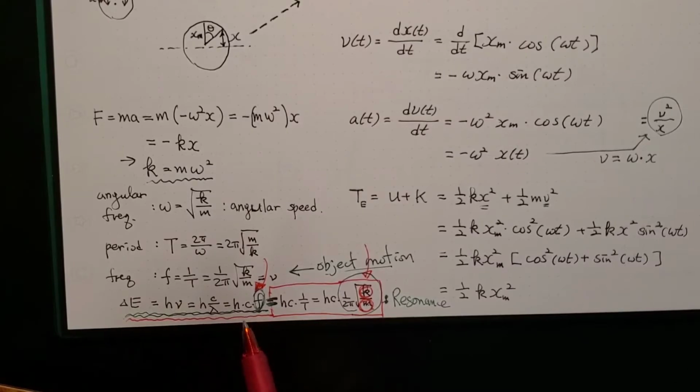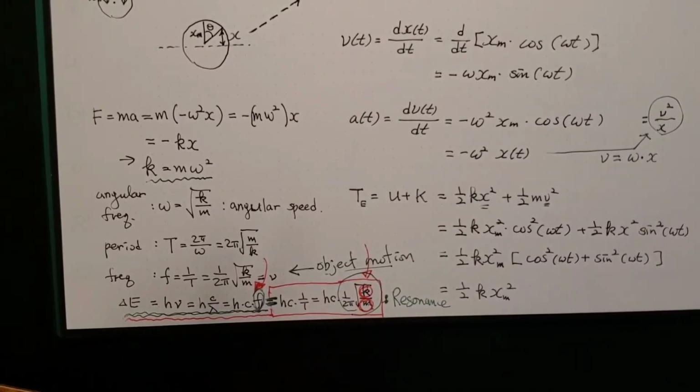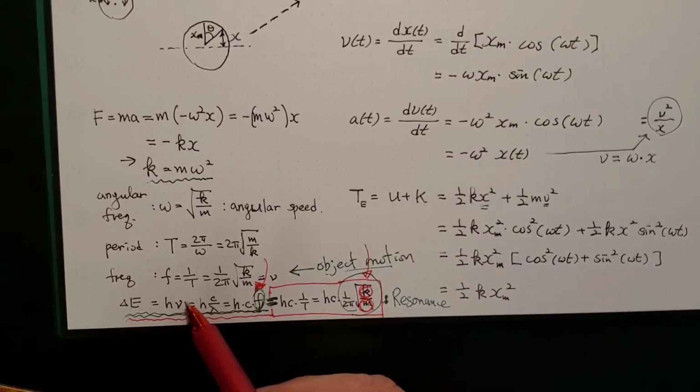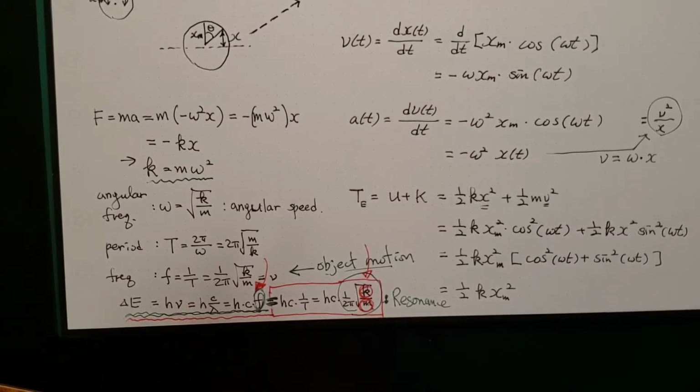So the light frequency and the object's motion frequency, and we need to use this formula to get the information out of the IR spectrum. On the spectrum, you're going to be reading this frequency on the x-axis, and reading that number, you can connect it to the force constant and the reduced mass of the functional group. So I'm going to have to start using this formula.